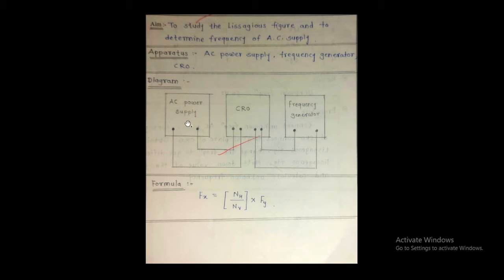Now as usual, this AC power supply has two terminals, one is plus, another is minus. Audio frequency generator is also having these two terminals, but CRO is having four terminals because it is having two types of input terminals.